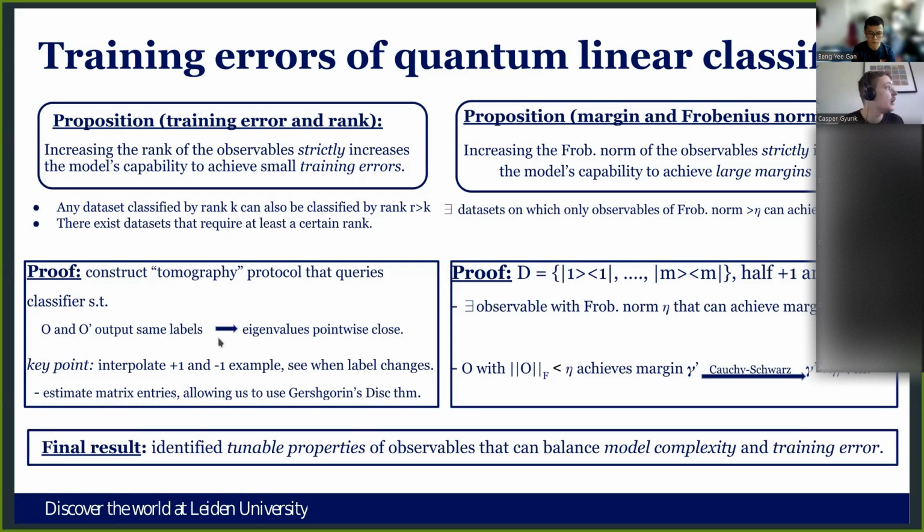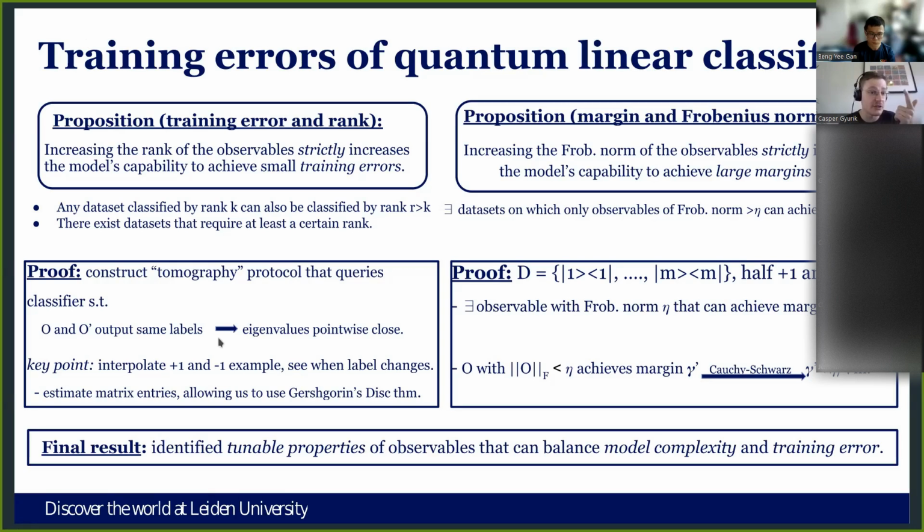So in the end, this quantity r and this quantity eta are tunable properties of observables, or at least they're properties, and I'll later show you how to tune them, that can help you balance the model's complexity and training error.